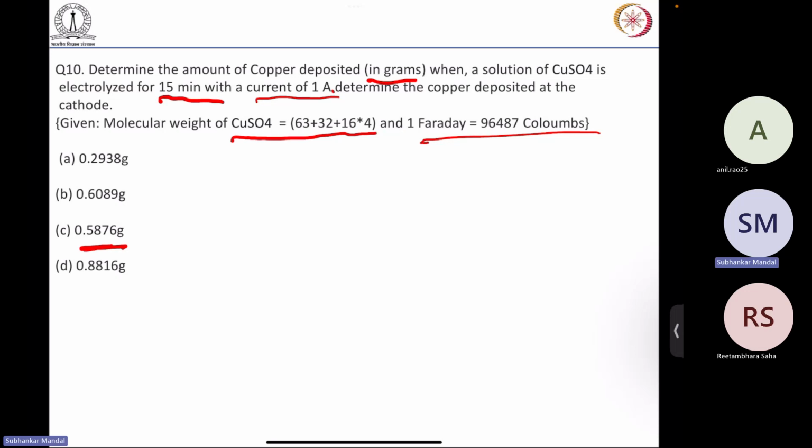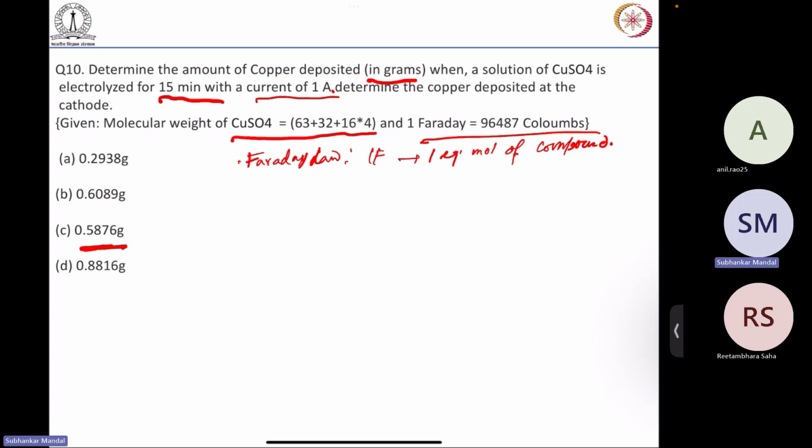We can do it together. Basically, we have to think about Faraday's law. What does Faraday's law tell? If you transfer 1 Faraday, then it will deposit 1 equimolar of compound.